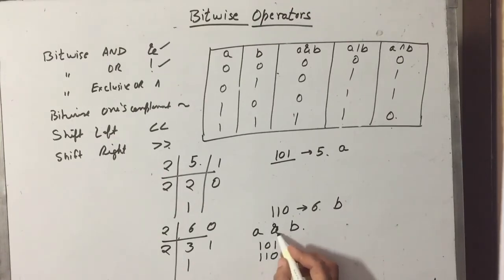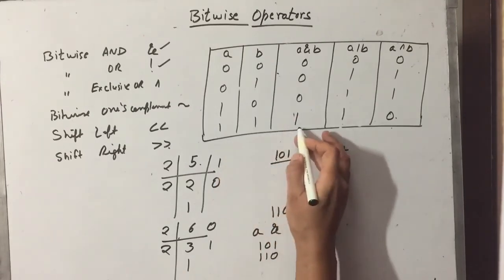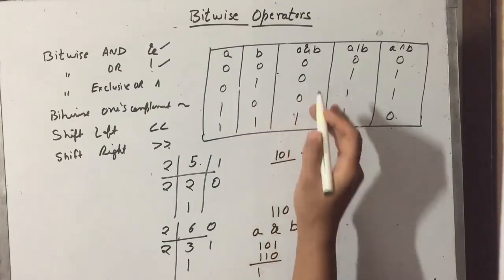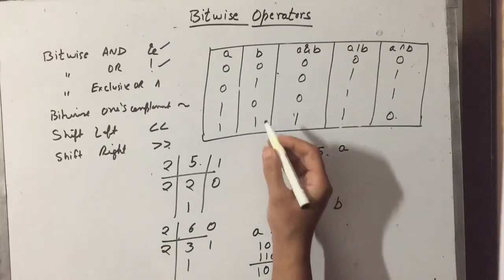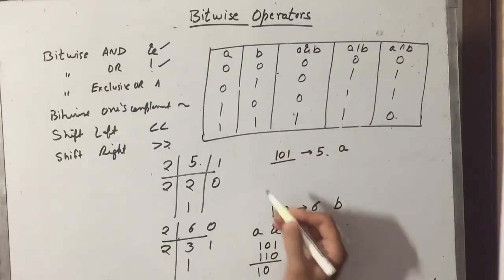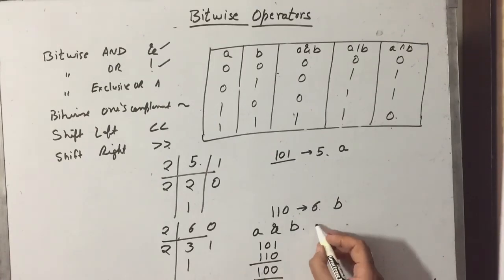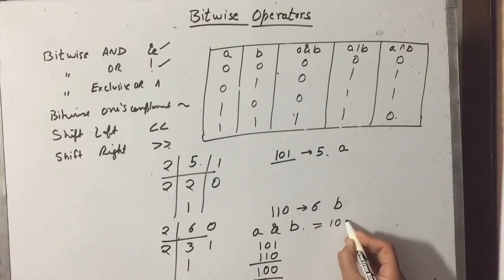Okay, so we have to do bitwise ANDing. So 1 and 1 is 1, the answer is 1. 0 and 1 evaluates to 0, and 1 and 0 will evaluate to 0. So the answer will be 1 0 0. So if you do A and B, the bitwise ANDing, you will get 1 0 0.